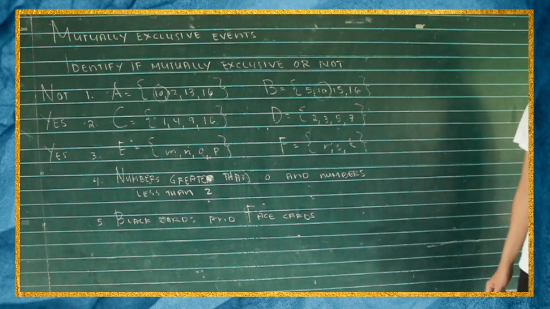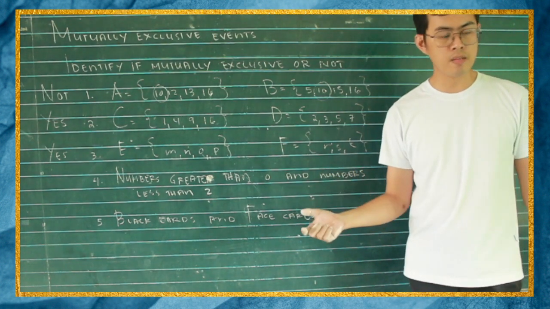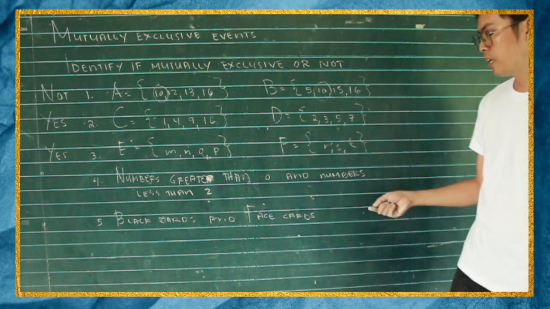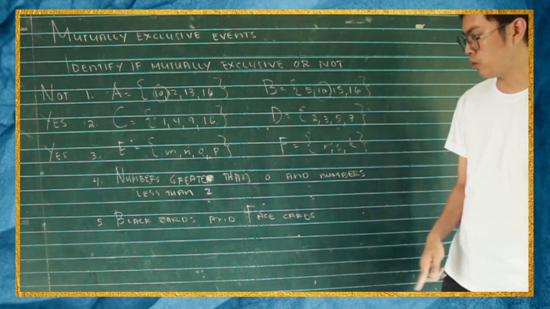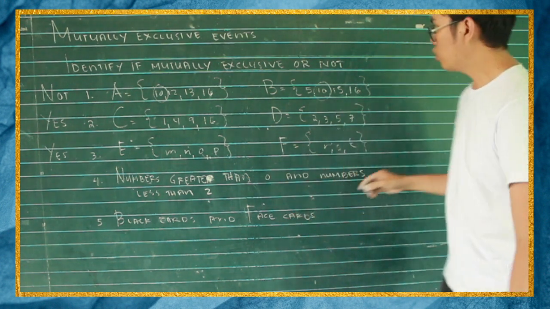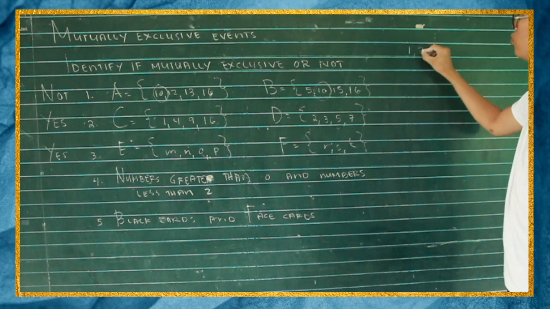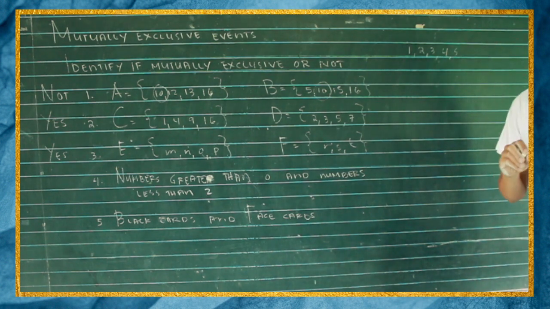Next, number 4. We don't have a given set, we only have given events. In probability, we have what we call an event. So numbers greater than 0 and numbers less than 2. What are the numbers greater than 0? Of course we have 1, 2, 3, 4, 5, and so on.